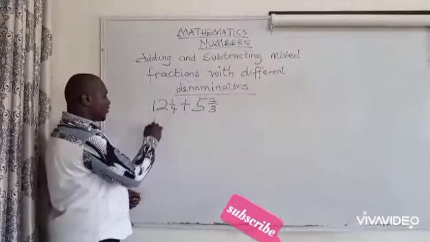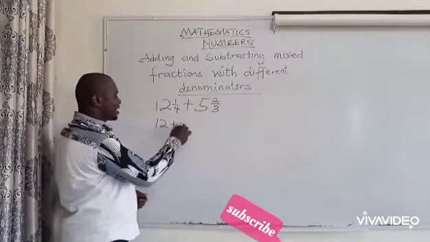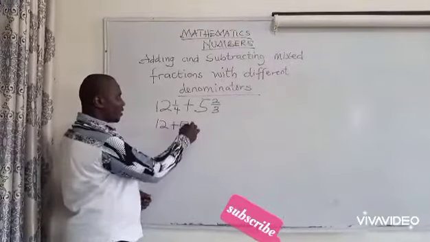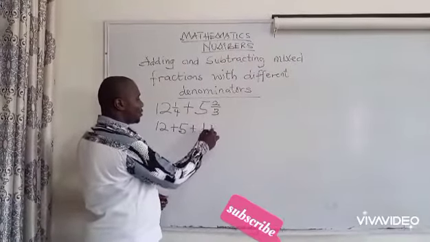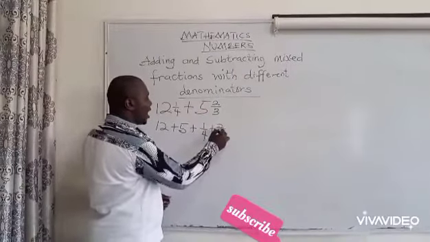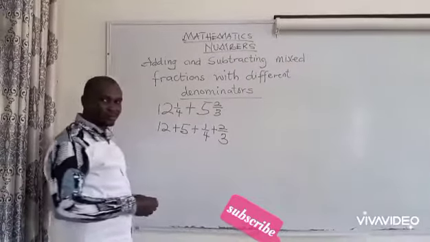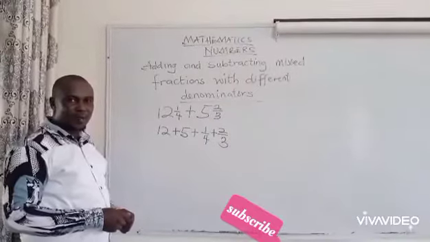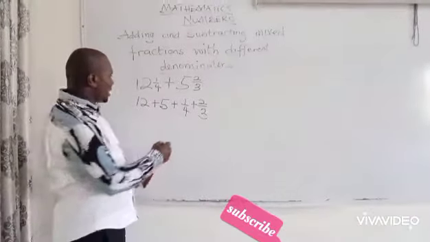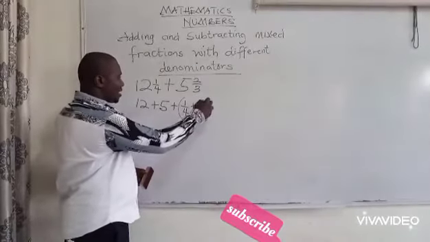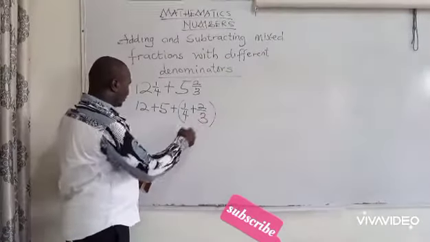So we have 12 plus 5 plus 1 out of 4 plus 2 out of 3. I hope you are following. For us not to be confused, let's put our fractions into a bracket.